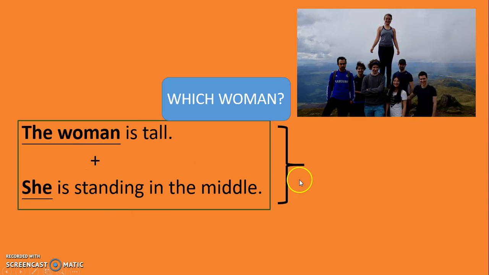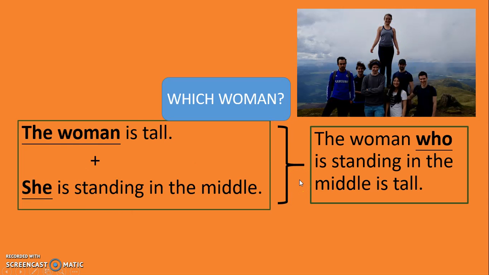If I combine the 2 together, I will have this new sentence. The woman who is standing in the middle is tall. This is a sentence with a relative clause, and the relative clause is what comes after the word who.